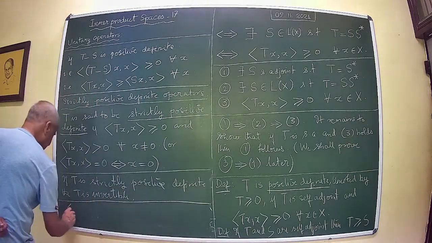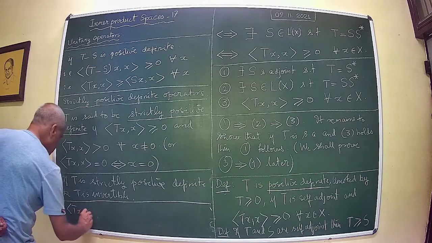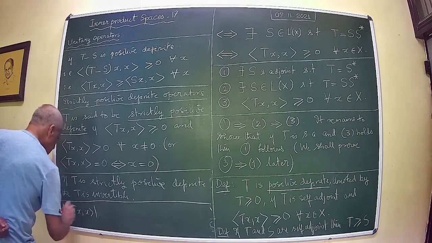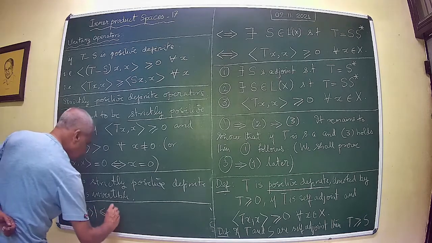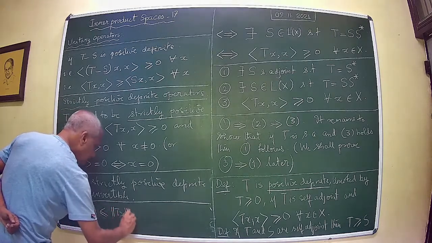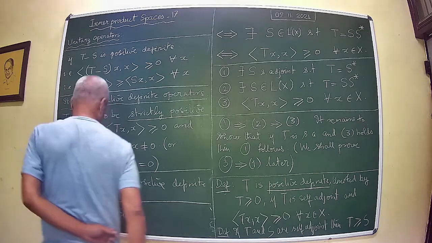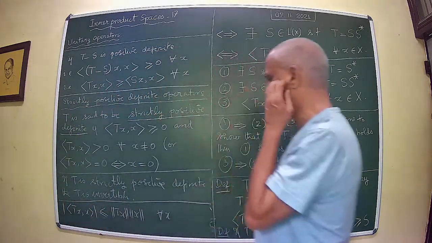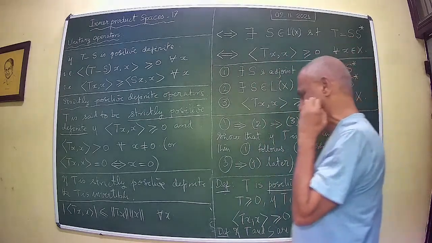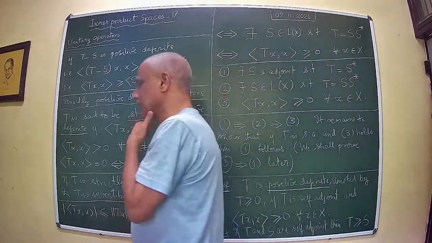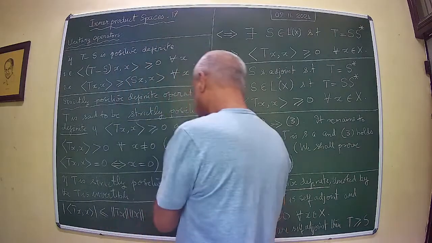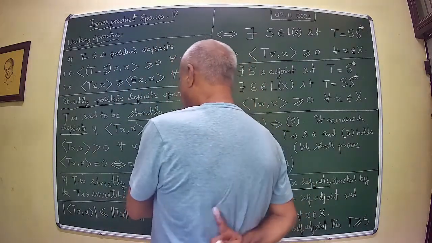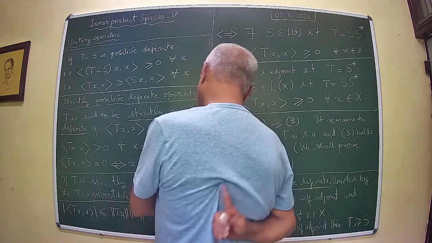That is, we have the norm of Tx times the norm of x greater than or equal to the inner product of Tx, x for every x. This is from the Schwarz inequality. Now what do we see?